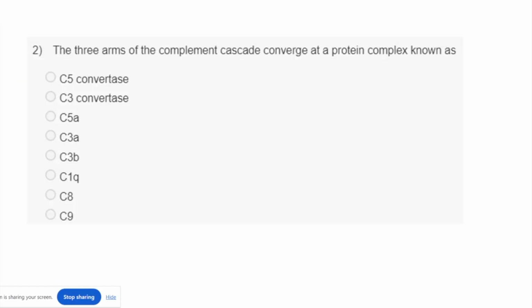Okay, we have the next question here. The three arms of the complement cascade converge at a protein complex known as.